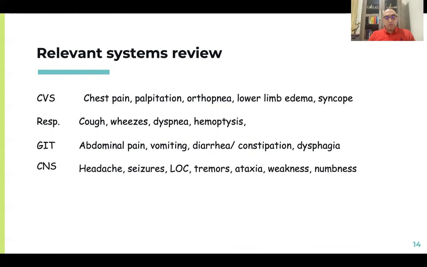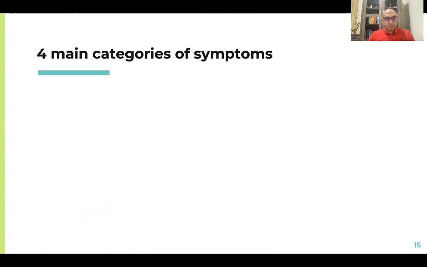For CNS, you can ask about headache, seizures, loss of consciousness, tremors, ataxia, weakness, and numbness. And for the urinary system, you have to ask about polyuria, hematuria, and oliguria. As mentioned before, for this system review, you will take a brief history for other systems.